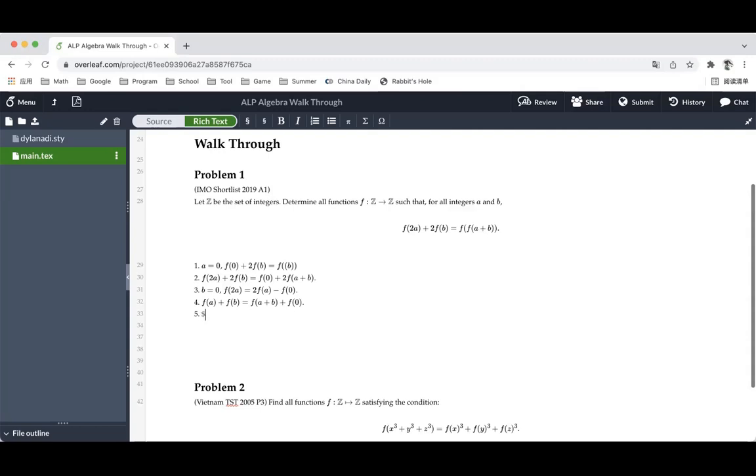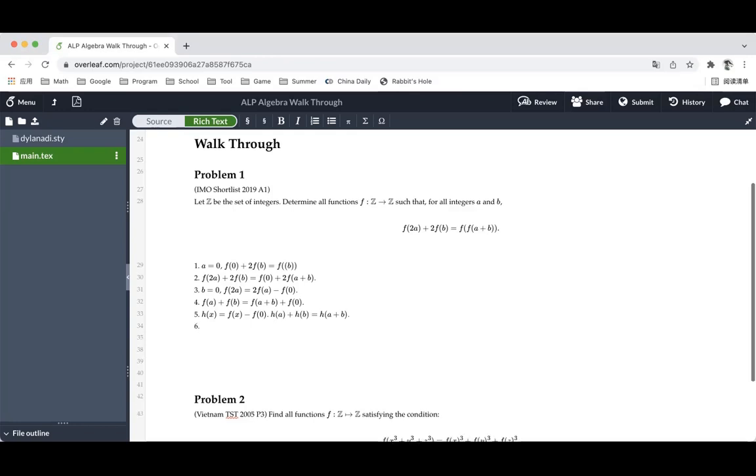So now we can define a new function h(x) = f(x) - f(0). And it is pretty obvious that h(a) + h(b) = h(a+b), using the equation we got above.